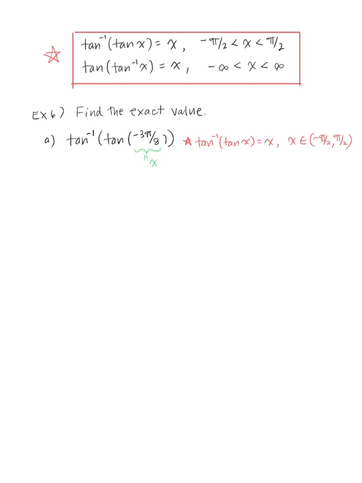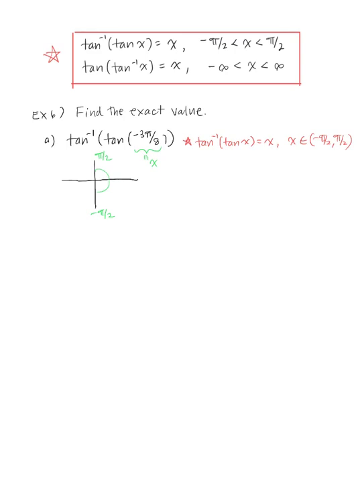Next step, you need to determine whether negative 3 pi over 8 is in fact inside of negative pi over 2 to pi over 2, which it is. If you don't see that, use the same trick as what we did earlier. From negative pi over 2 to pi over 2, your angle must lie in here somewhere.